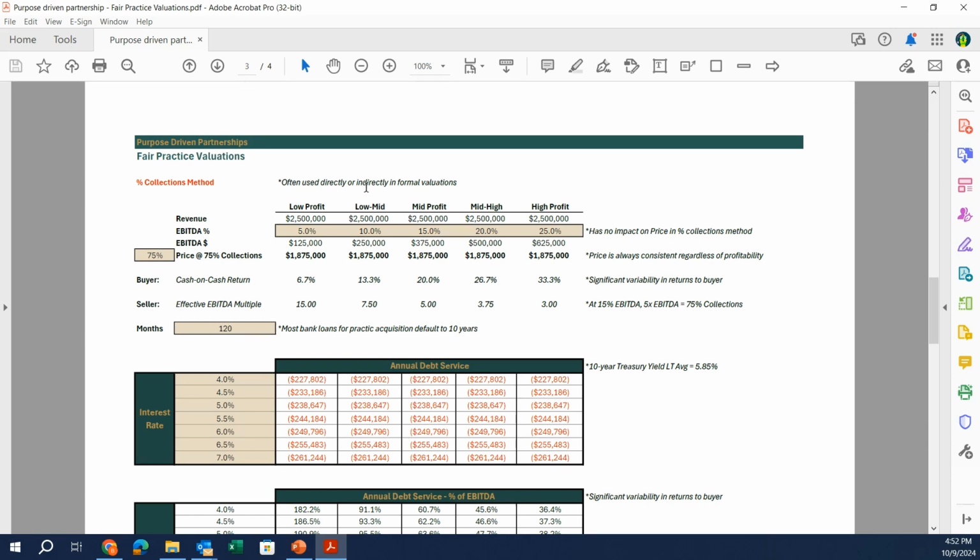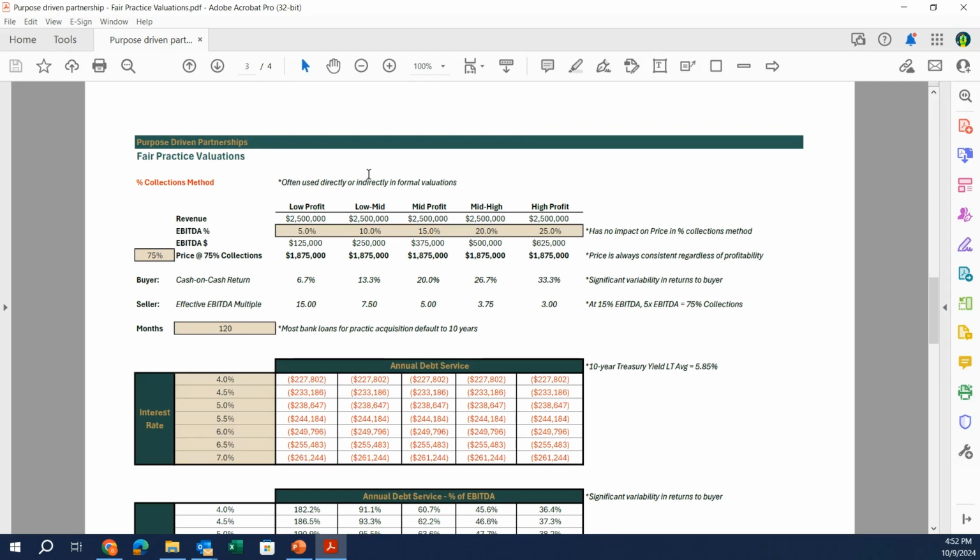They can indirectly use the percentage of collections method because often they will attempt to pull comparable recent sales transactions, and a lot of those might have used percentage of collections. And so directly or indirectly, the percentage of collections method might make its way into a valuation.